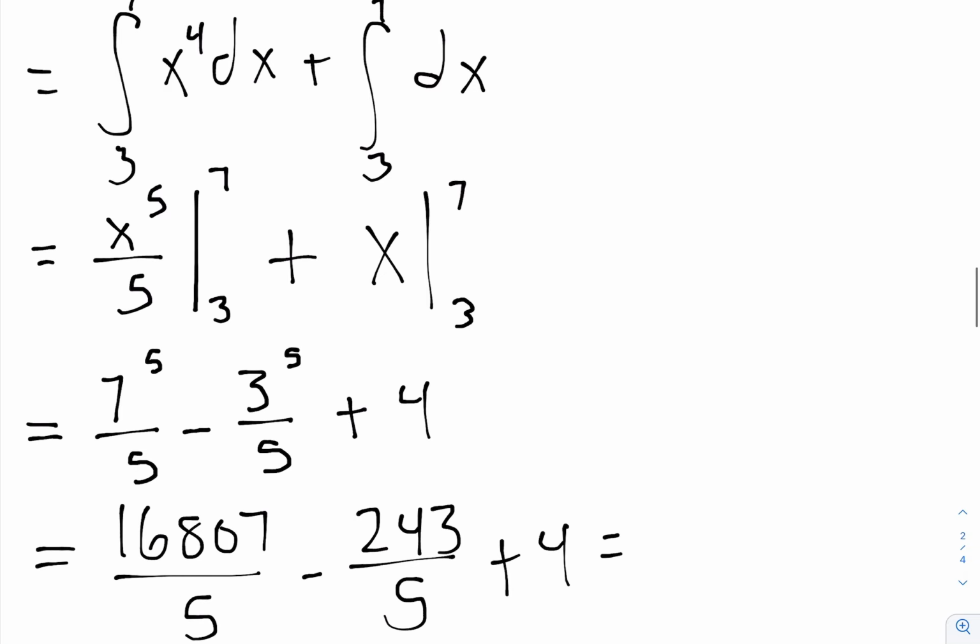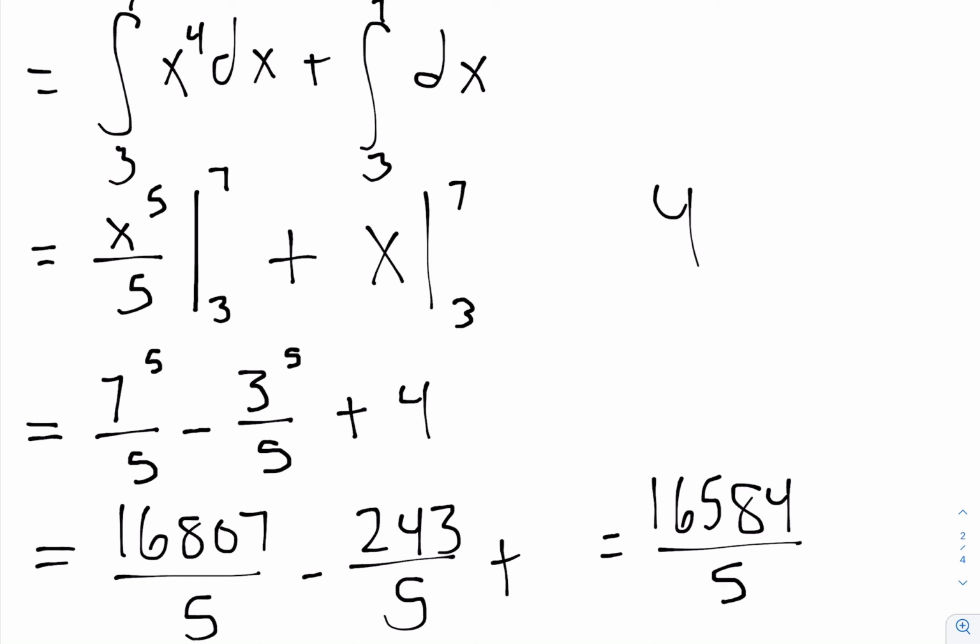So just to simplify this fraction, 16,807 minus 243 is 16,564, over 5, and then we can add 20 over 5.